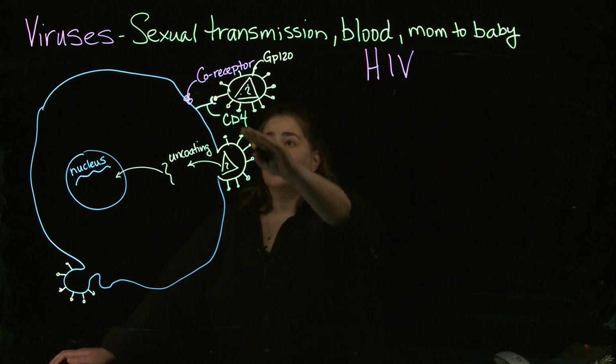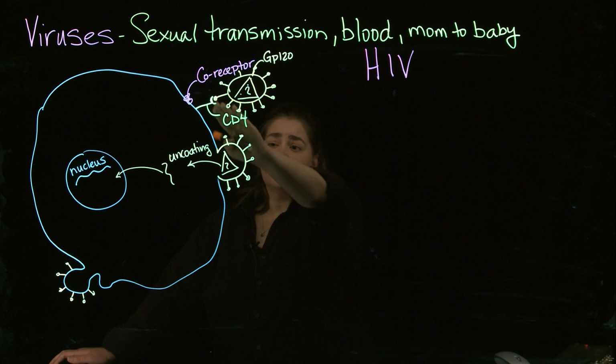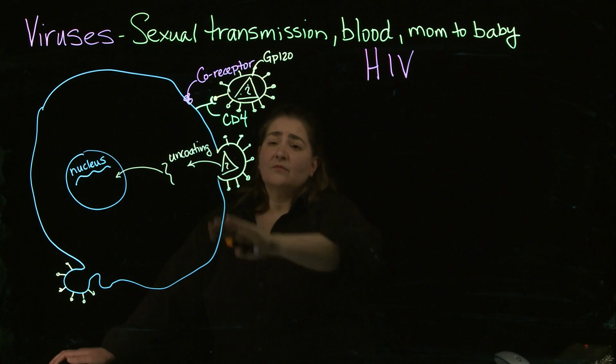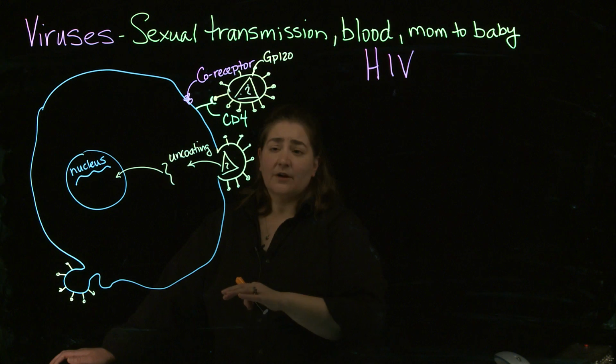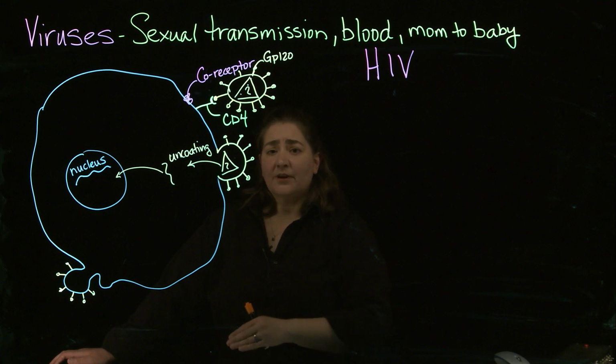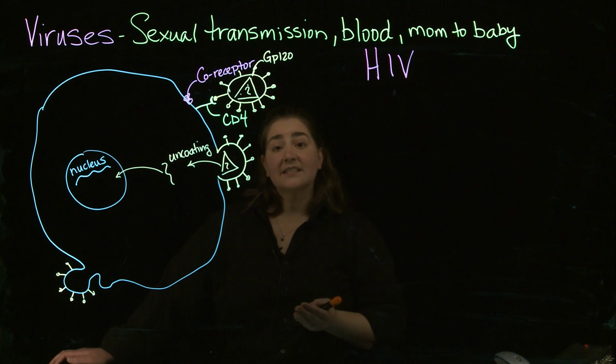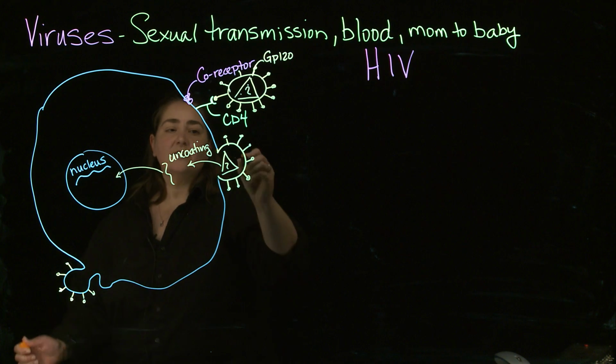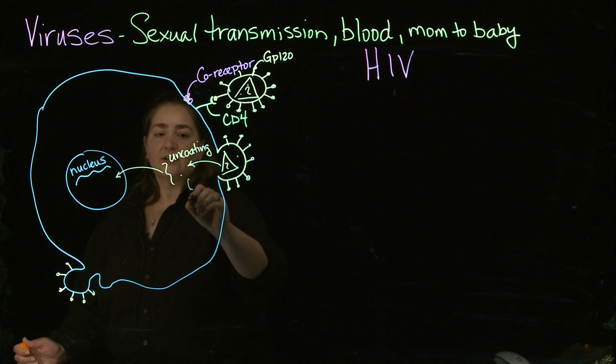In terms of our entry here, this should look a little bit familiar from when I was talking about the generic process: absorption, the fusion of the virus with the cell, and the uncoating of the virus to release, in this case, the RNA. We'd also release the reverse transcriptase.